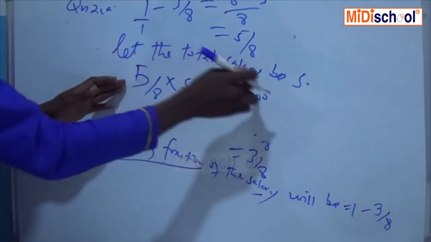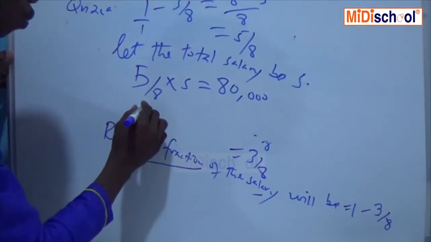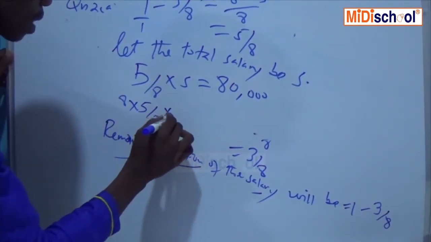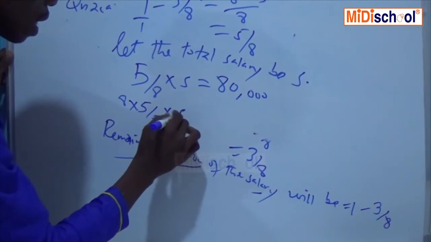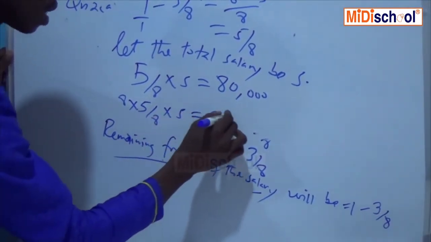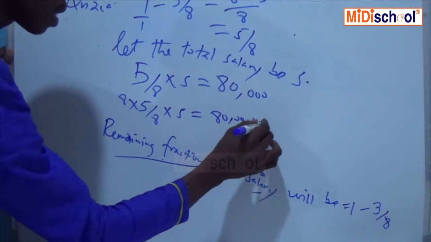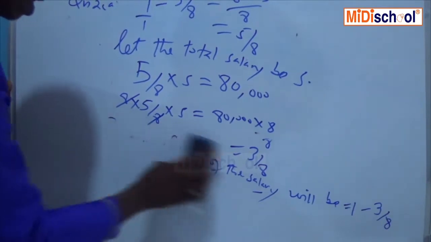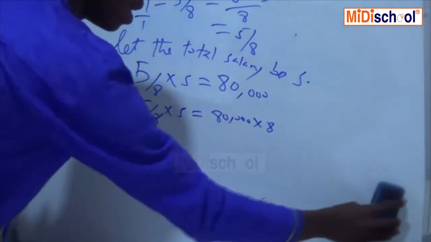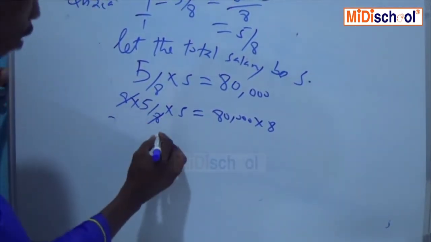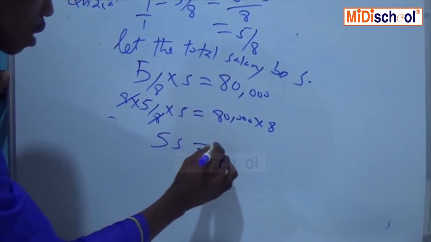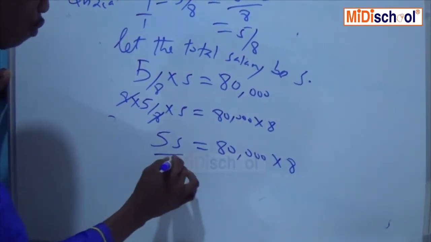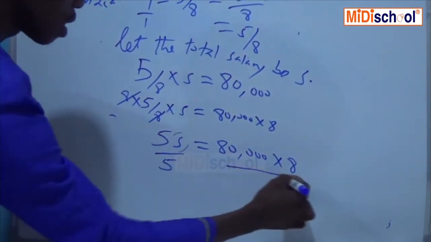Multiply by 8 to each term so that we can get S. So take 5/8 multiplied by 8 times S is equal to 80,000 times 8. So 8 and 8 cancel out, and we remain with 5S equals 80,000 times 8. Divide by 5 both sides so that we have S.